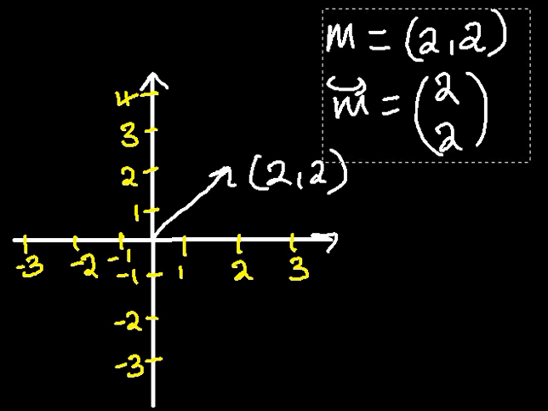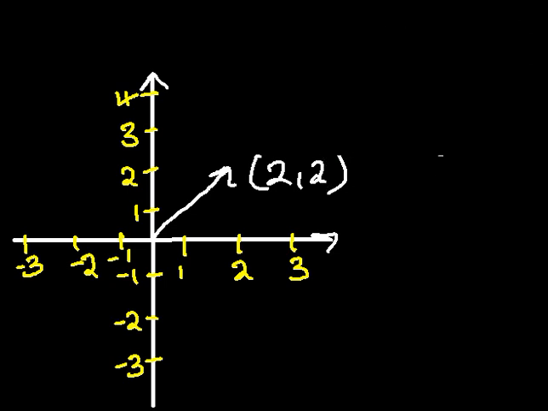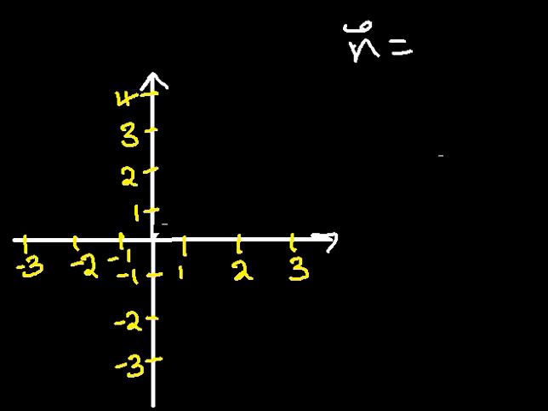And let's say we have another vector, a vector N. We should have it as a point N that is given as (1, 2).